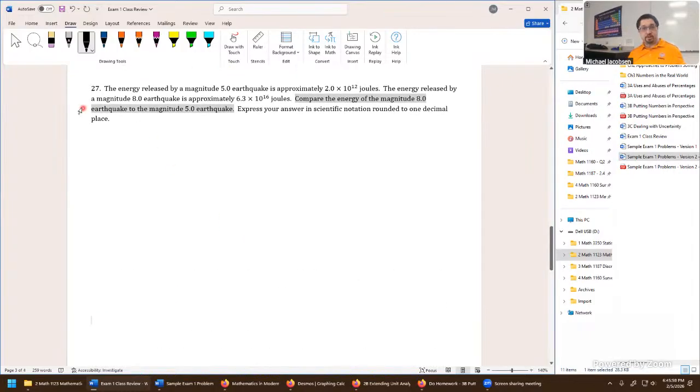So this one turns into a kind of division problem. What we want to take is the thing with the larger energy. So we'll begin with the magnitude 8 earthquake. It releases 6.3 times 10 to the power 16 joules.